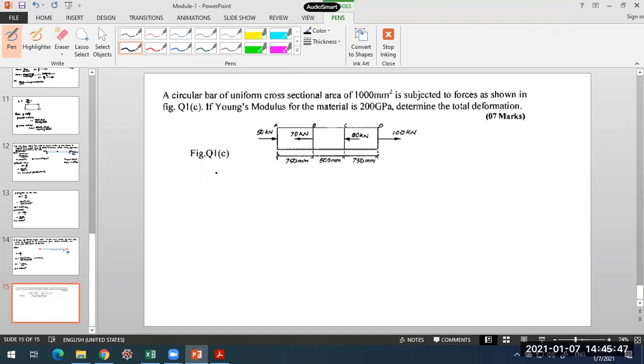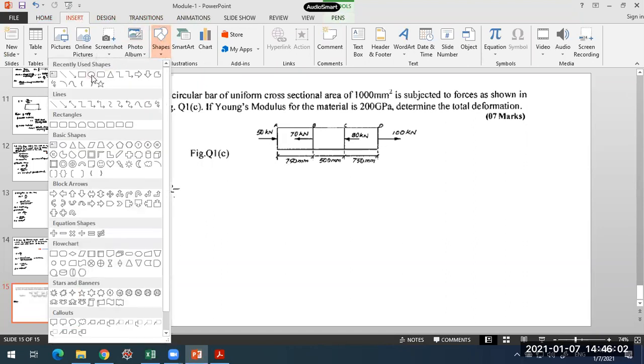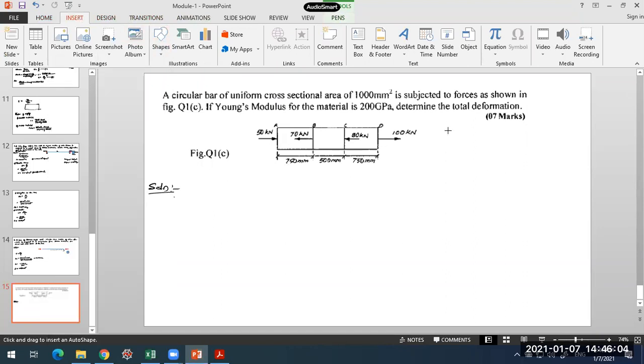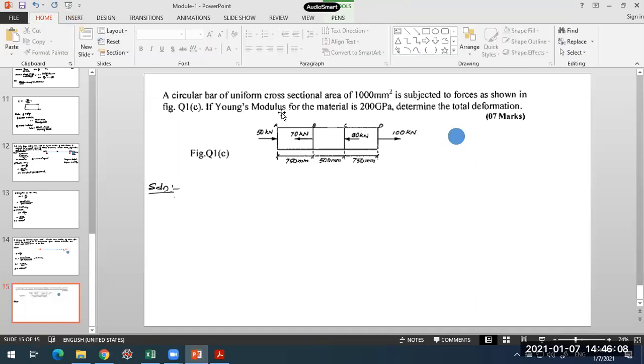We need to find the total deformation of the bar. I hope the problem is clear. This is a circular bar, and the diameter is not given to us. What is directly given is the cross-sectional area of this bar.